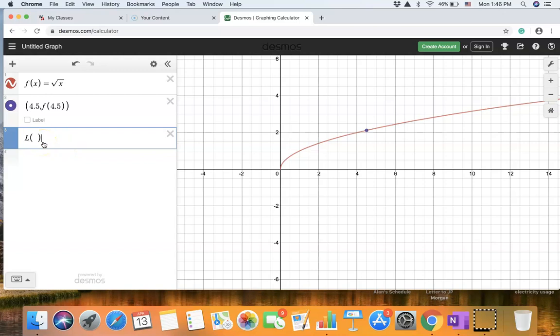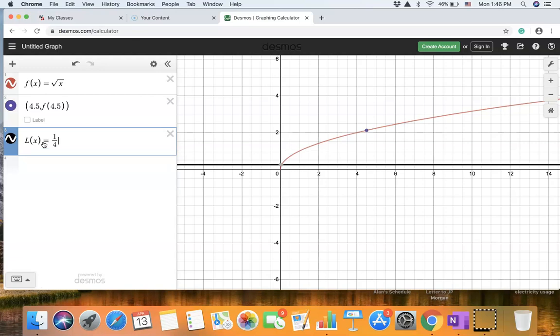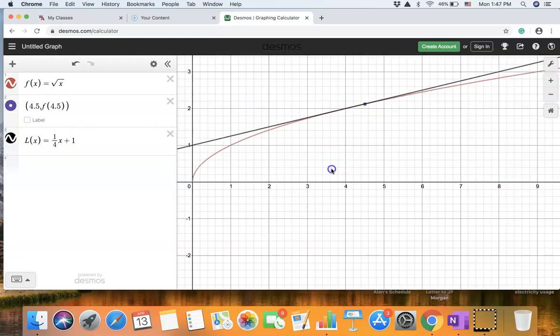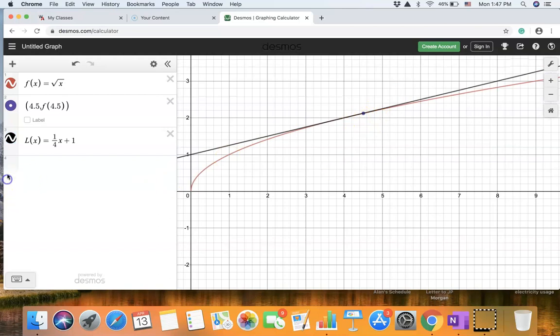L(x), we said, is 1 over 4 x plus 1. So when x equals 4.5, L of 4.5.